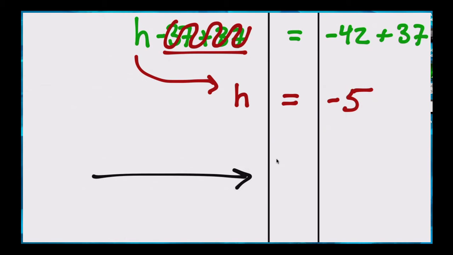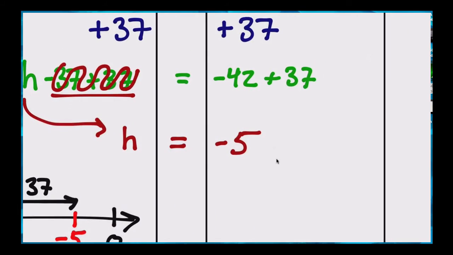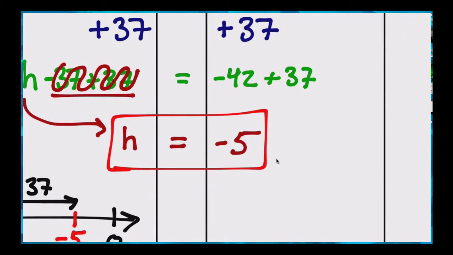If you have a number line and you started at negative 42 and you add 37, you're moving 37 to the right. I'm not going to go all the way to 0 because I'd have to go 42 spaces to get to 0. So I'm going to come up just short of 0 on the negative side. 0 would be over here. Okay? And I'm going to end up stopping, if you were to actually count this out, at negative 5. Okay? So that's why our answer is this.